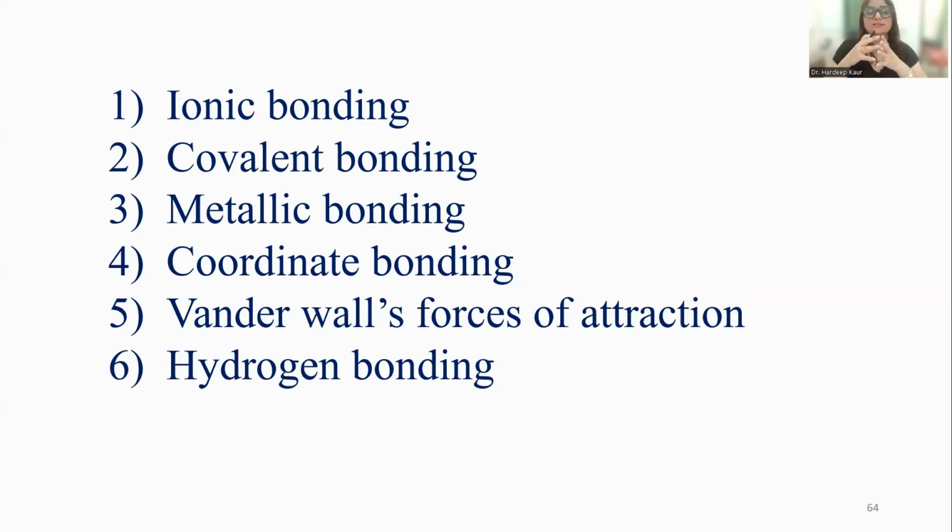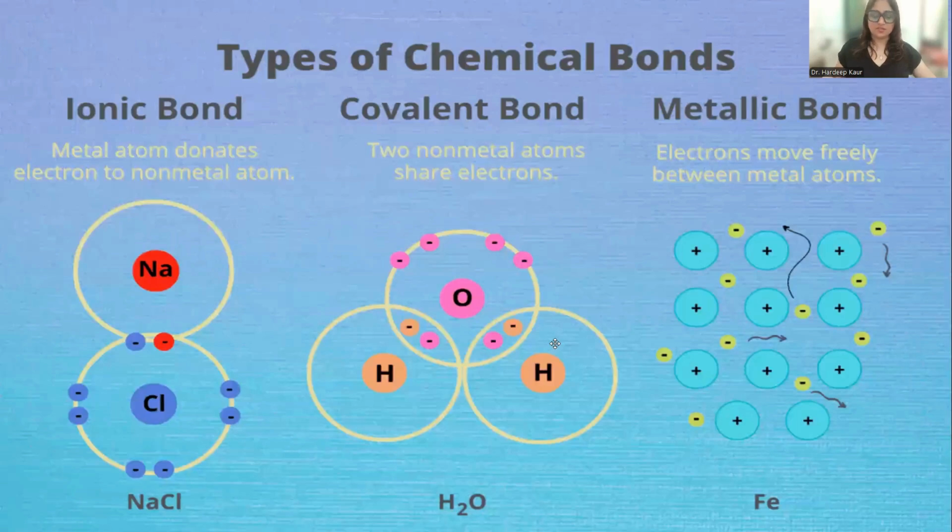In this lecture we will see how these bondings are made, and what we call them: ionic bond, covalent bond, metallic or coordinate bond, everything. So let's go one by one.